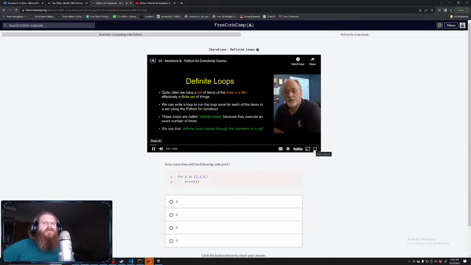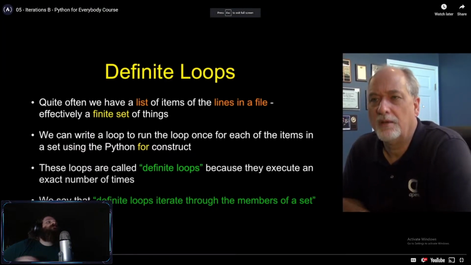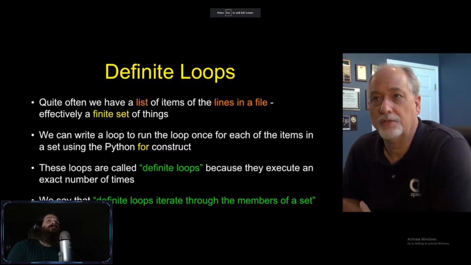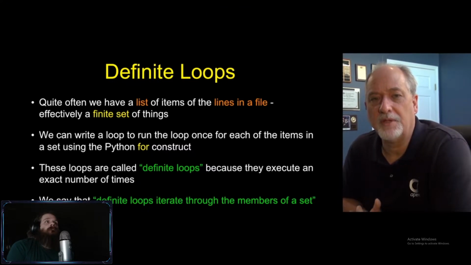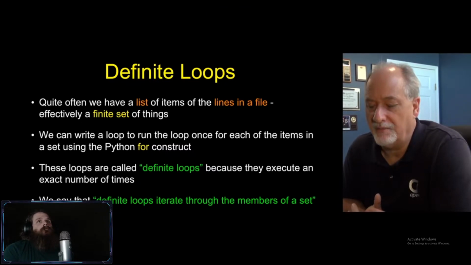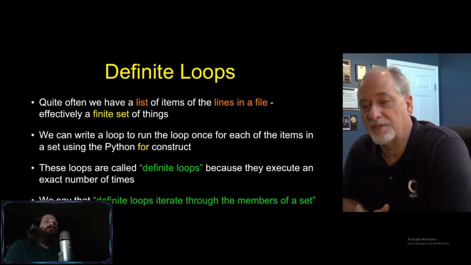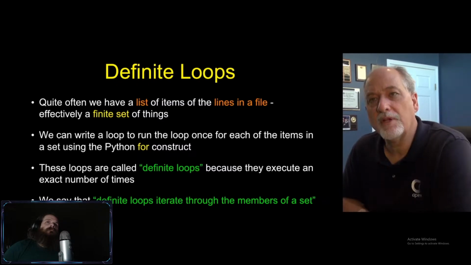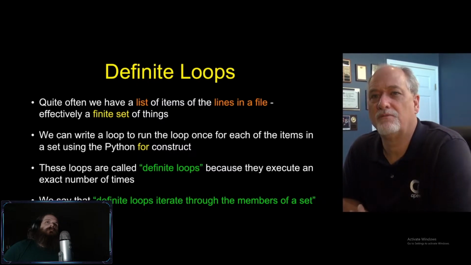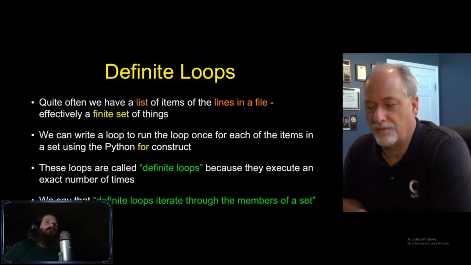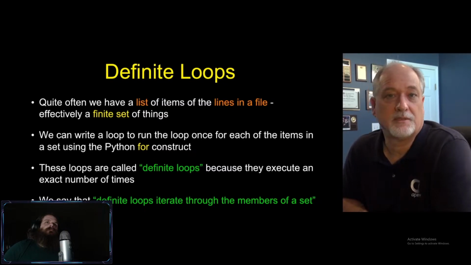So definite loops use the for keyword, and the idea of a definite loop is it's going to loop through some set of things. It might be a set of lines in a file, it might be a set of characters in a string, it might be a set of strings in a list of strings. But whatever it is, it's going to run a finite number of times depending on the thing that it's looping through. And we like this.